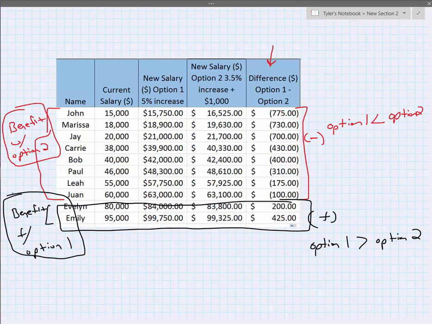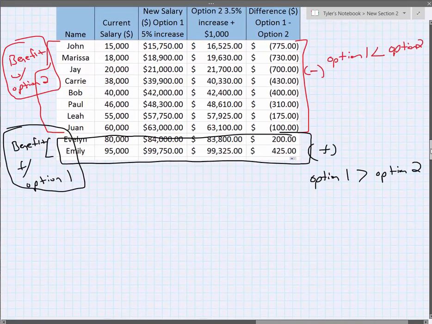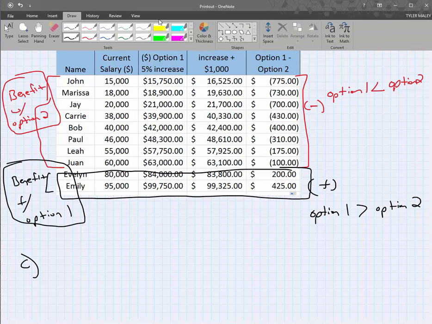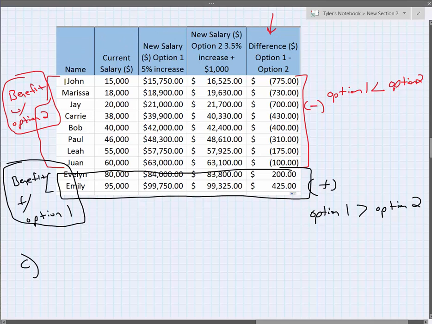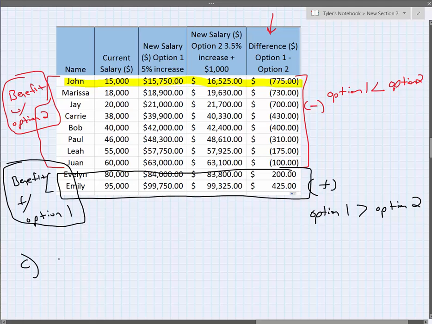For letter C, it says, what does the result in the difference column mean for John and for Emily? So if we look at part C, let me grab a highlighter here. This first row is John. John has a difference of negative $775. We want to know, what does this mean?